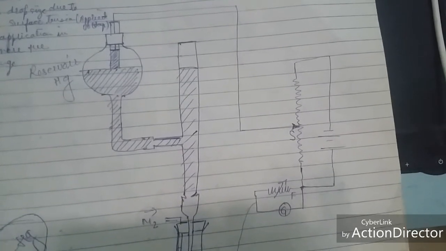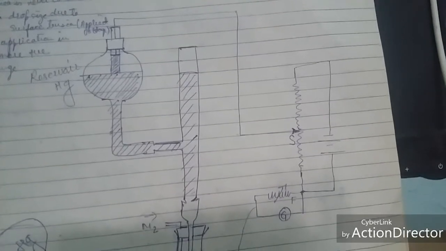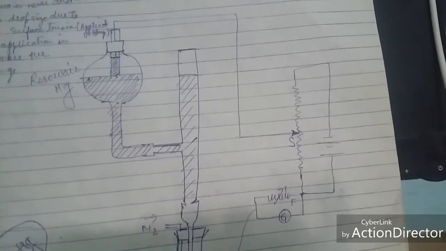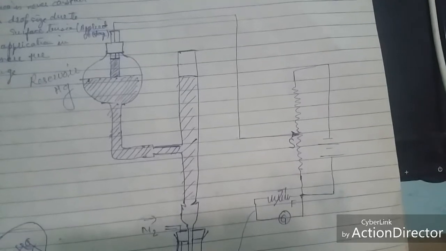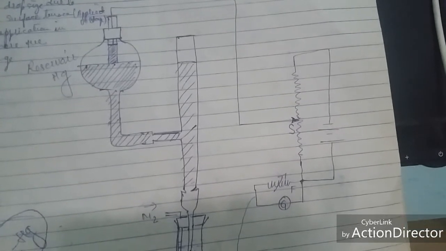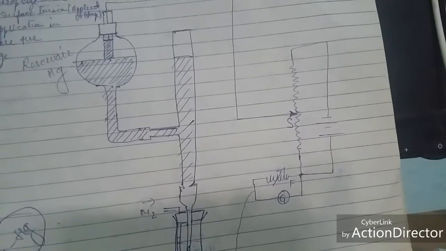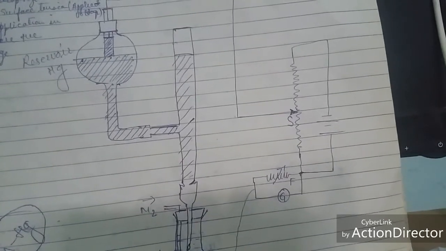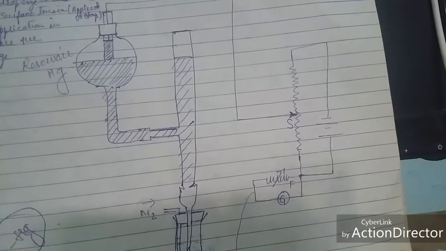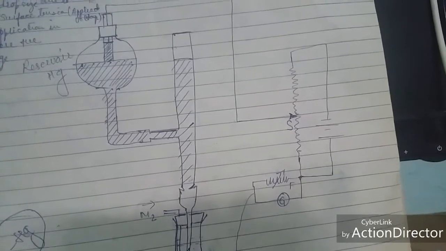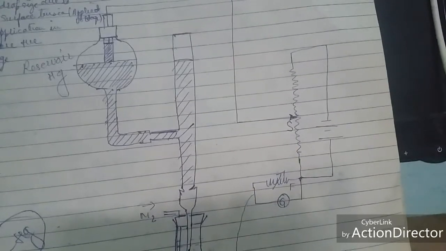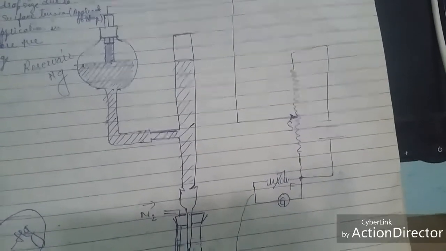So let us see about the principle of polarography. It is a particular case of the general electroanalytical technique which is also known as voltammetry, that involves the study of current voltage relationship in electrolysis. So you can see in the diagram the electrolysis is carried out using one electrode of comparatively large surface area.